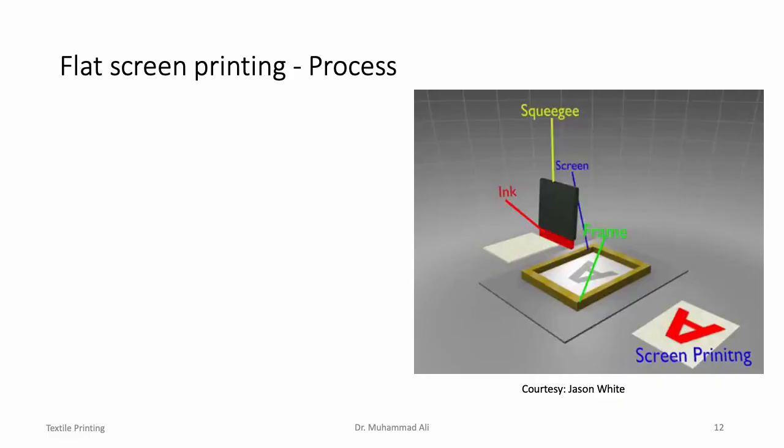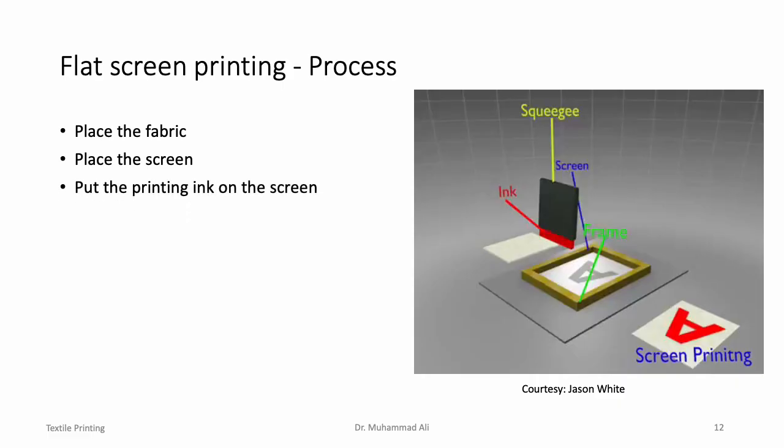Let's now look at the flat screen printing process, or the steps that are involved in it. So we first have to place the fabric on a flat surface. We then place the screen on top of that fabric.